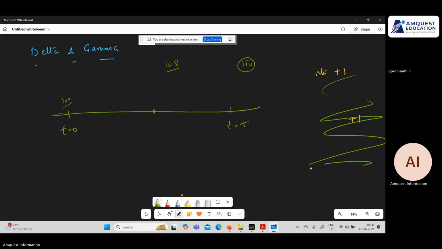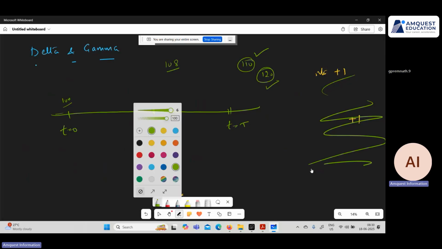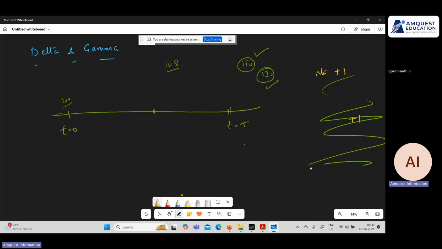And I know that by the end of this it could be 120. So I assume that the person who is long the contract is going to execute at 110, and I believe that the price might go up to 120 or maybe more. So I would effectively not wait for it to go to expiry.